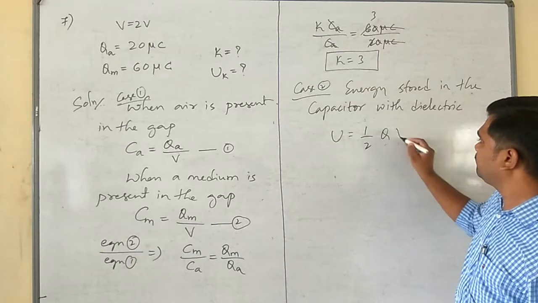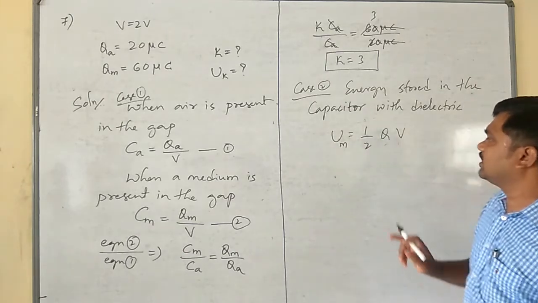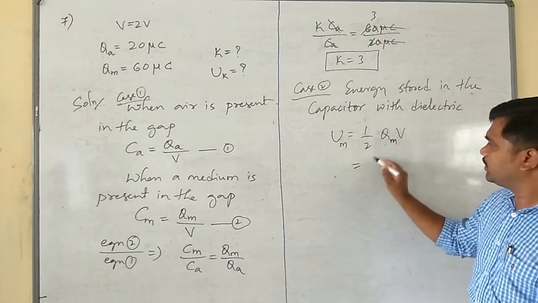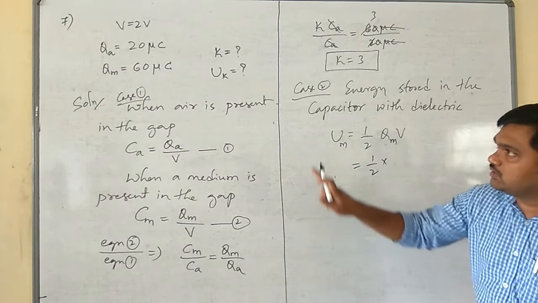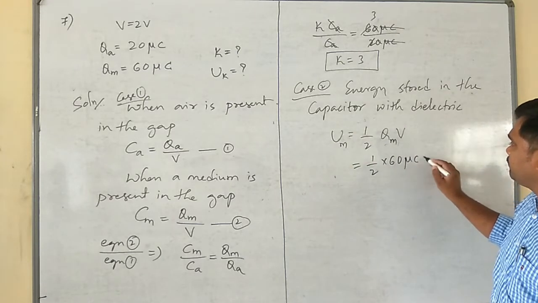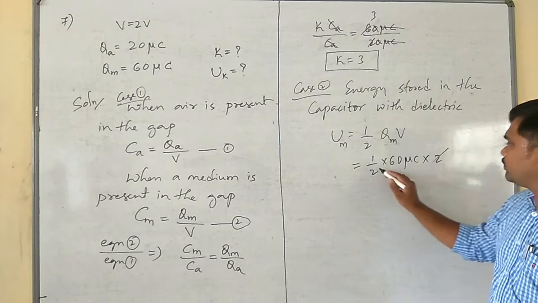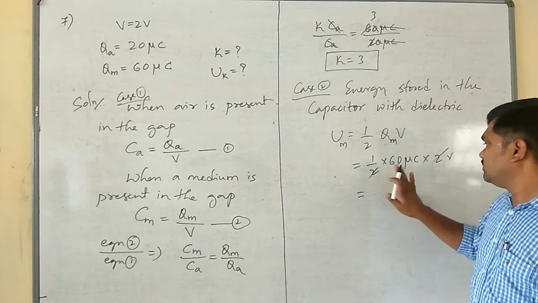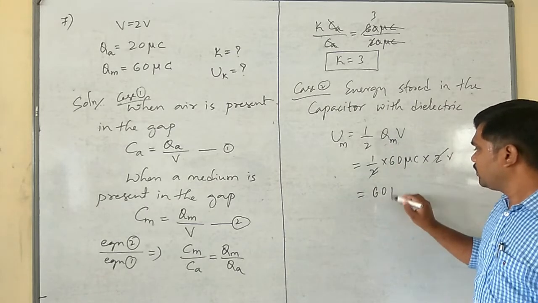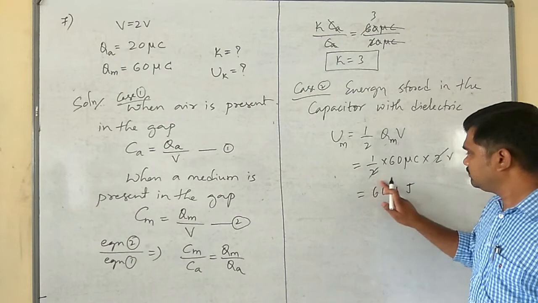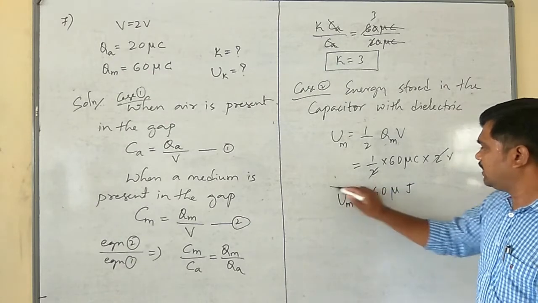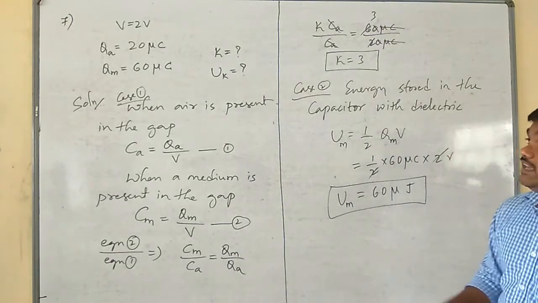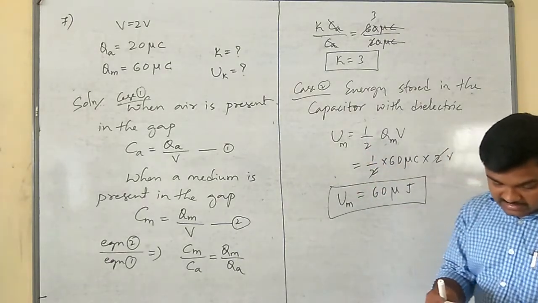Here a medium is given, so this becomes Qm and this becomes Um. V is 2, so half into Qm, Qm is 60 microcoulomb into V, 2 cancels. Coulomb volt together gives joule, therefore 60 microjoule. So this is the amount of energy stored in the capacitor when the air is replaced by the dielectric medium.